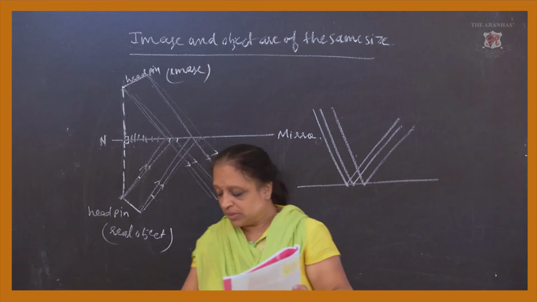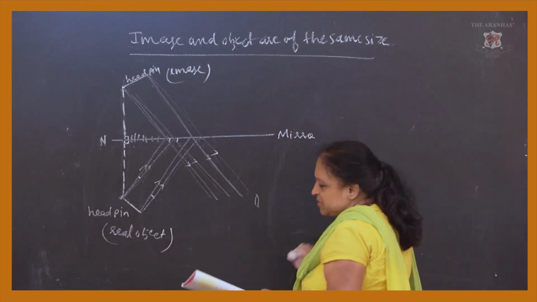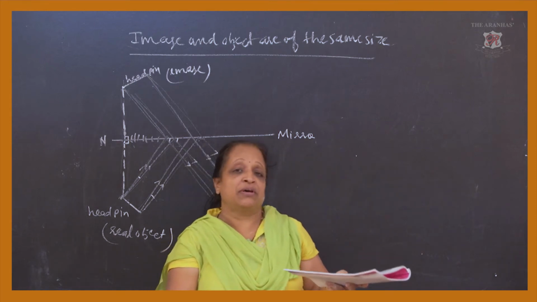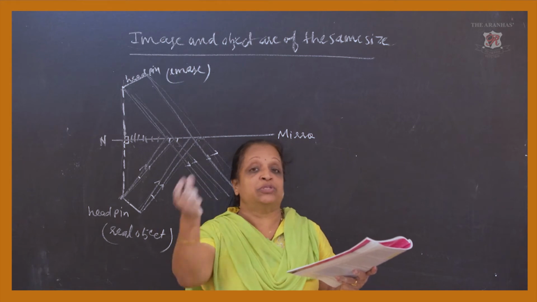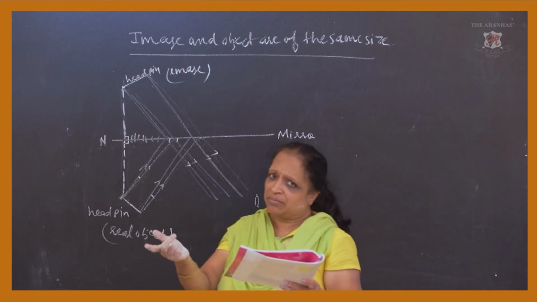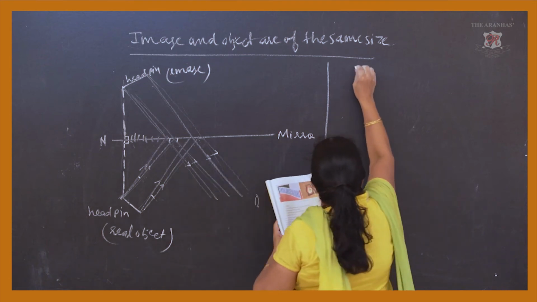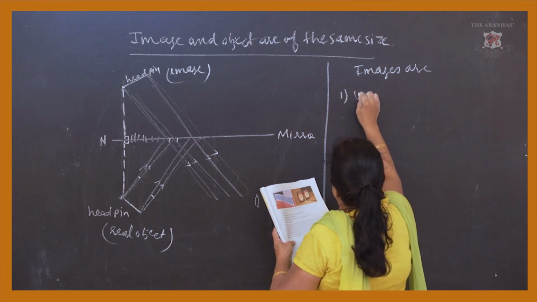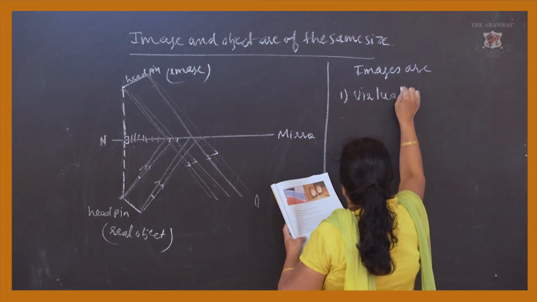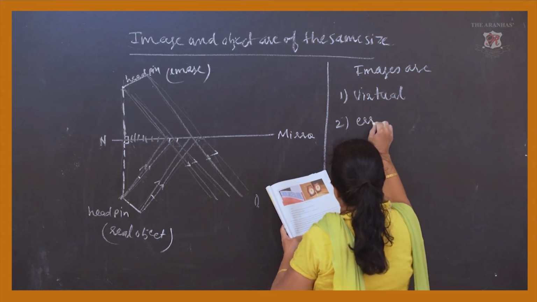Now based on this we can say that images may be in front of the mirror, behind the mirror, smaller than the size of the object, the same size as the object, or larger than the object; it can be anything. So you can say that images are, one, virtual; second, erect.